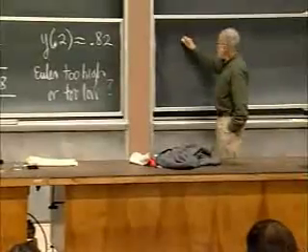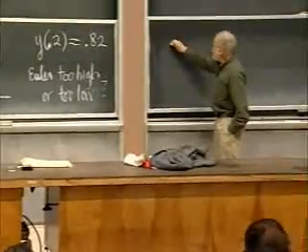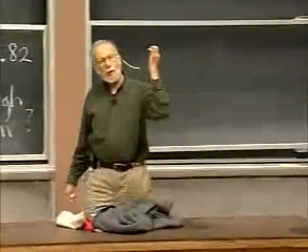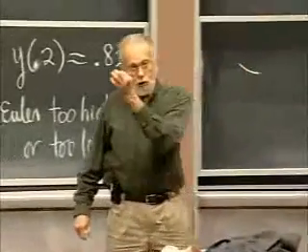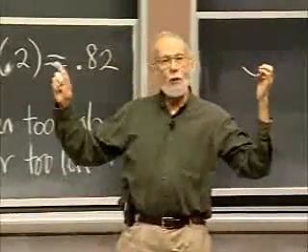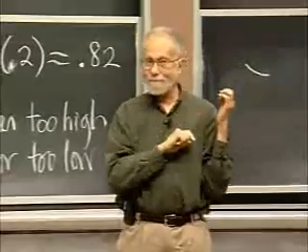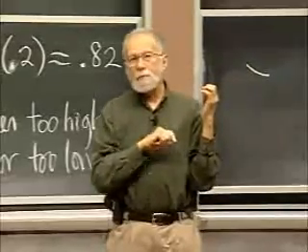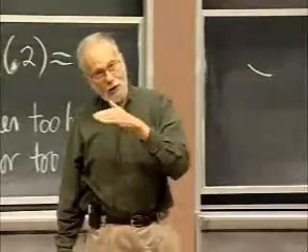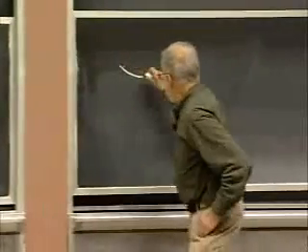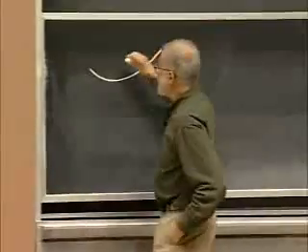Well, let's answer it geometrically. If the solution were a straight line, then the Euler method would be exactly right all the time. But it's not a line. It's a curve. Well, the critical question is, is the solution curved? So here's the solution.